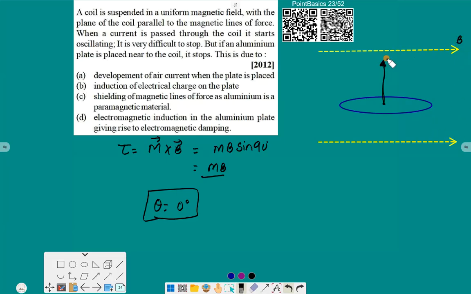This is the magnetic field and this is m. Torque will act such that m and B become oriented in the same direction. So our coil will rotate like this. Initially the coil was like this, and then due to torque our coil will rotate like this.